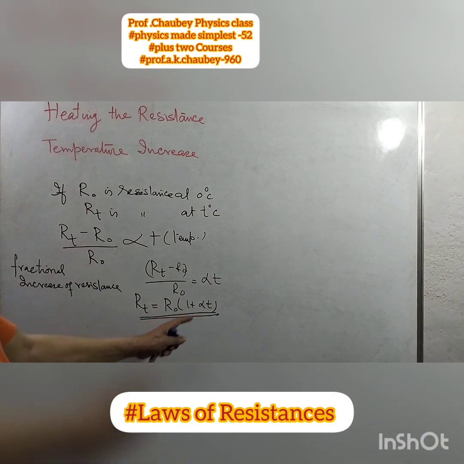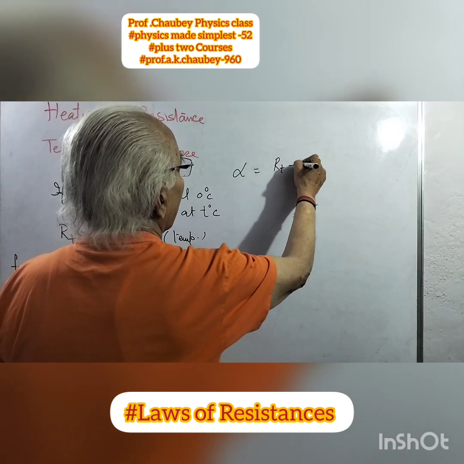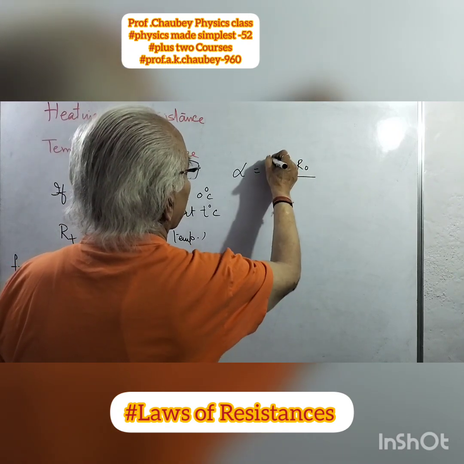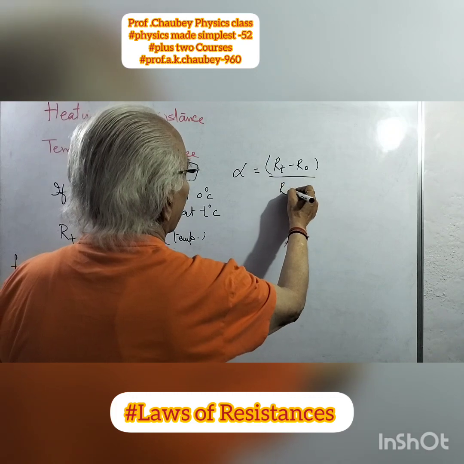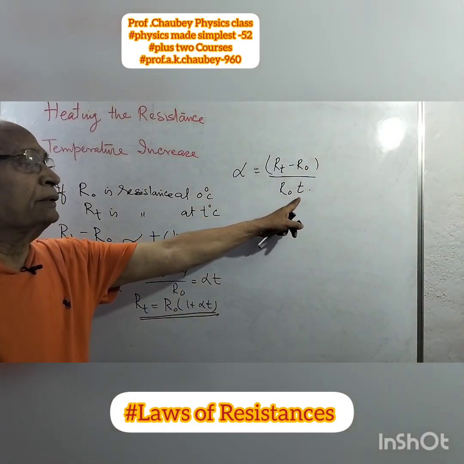So alpha is equal to RT minus R0 over R0 into T. So alpha is the coefficient of resistance increase per unit temperature increase.